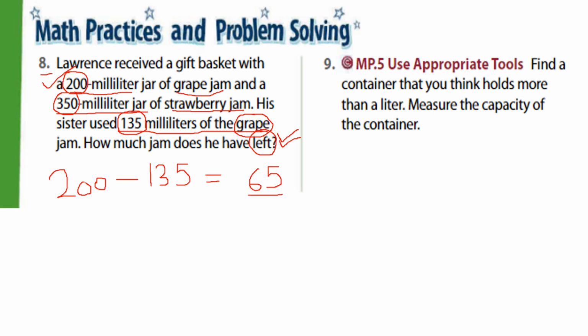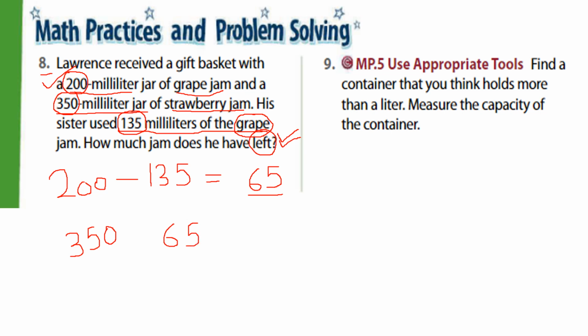Now the capacity of the grape jam left is 65. Okay. And he also has the other jam, the strawberry jam. What is the capacity of the strawberry jam jar? Excellent, 350. And what is the capacity of the grape jam? Excellent, 65.